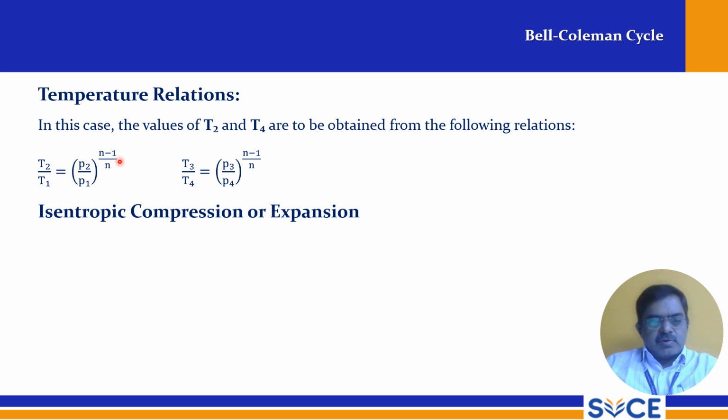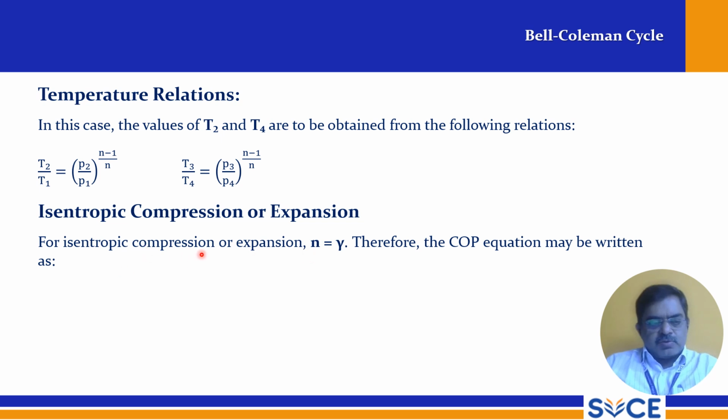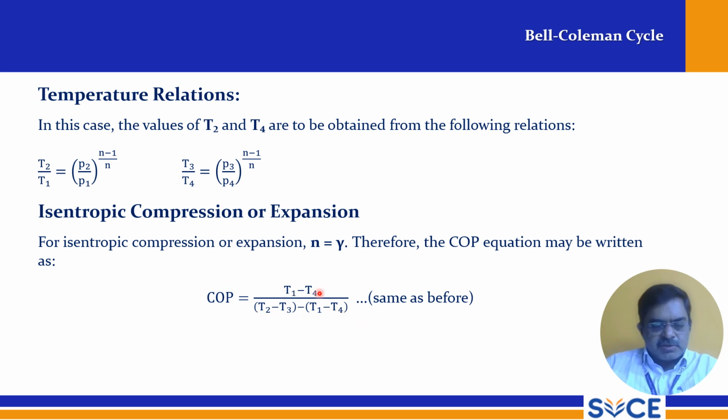So n minus 1 by n is used as the power in both pressure ratio equations. For isentropic compression or expansion, n equals gamma. So this is the adiabatic expansion ratio. Therefore, the COP may be written as T1 minus T4 in the numerator, and the denominator is (T2 minus T3) minus (T1 minus T4). It is the same as the earlier case.